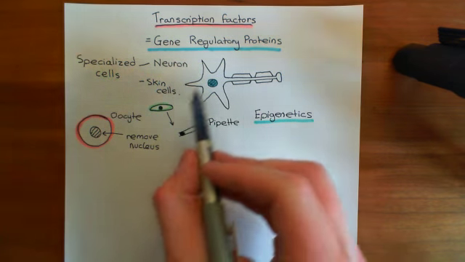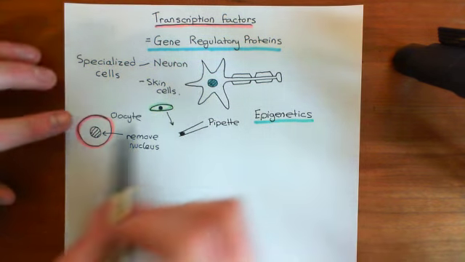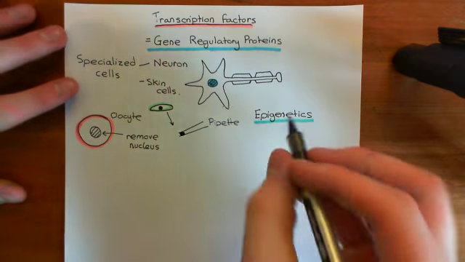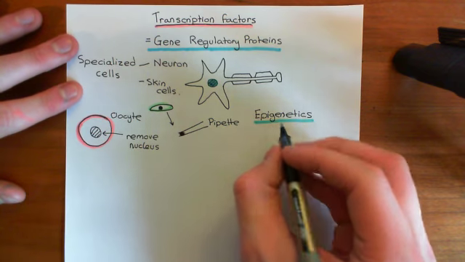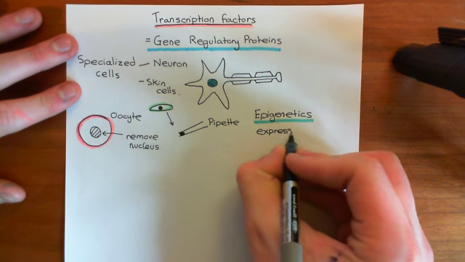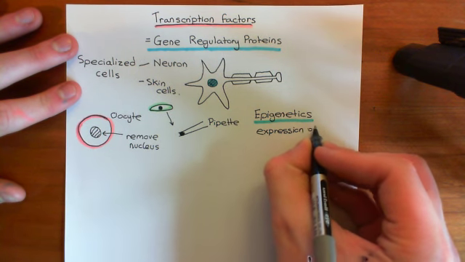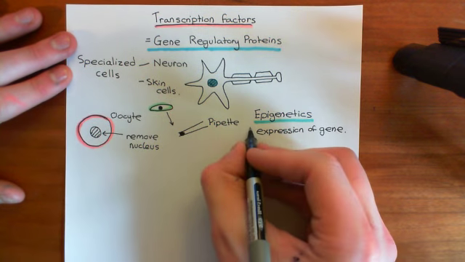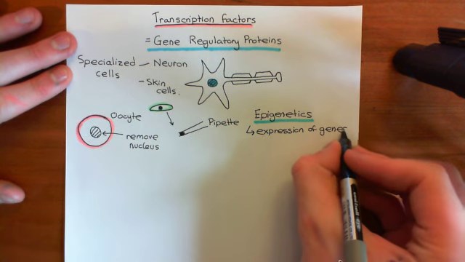So what differs between these two specialized cell types is not the genetics, which is the same, it's the epigenetics, it's which genes are actually expressed. So this is all about the expression of genes and how we control how much of each gene is actually going to be produced into protein. Okay, right, so it's all about expression of genes.